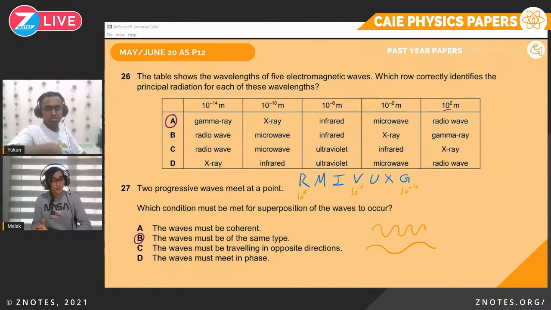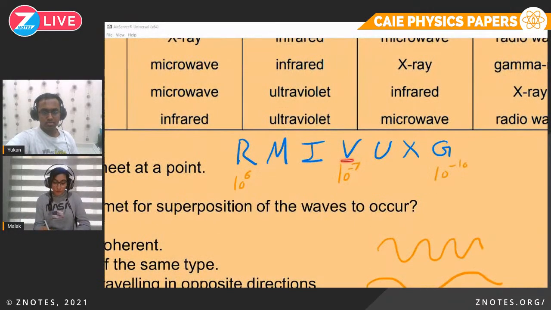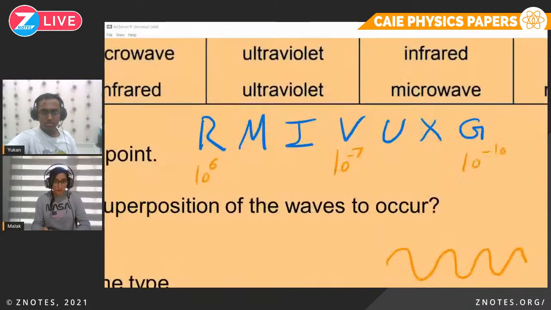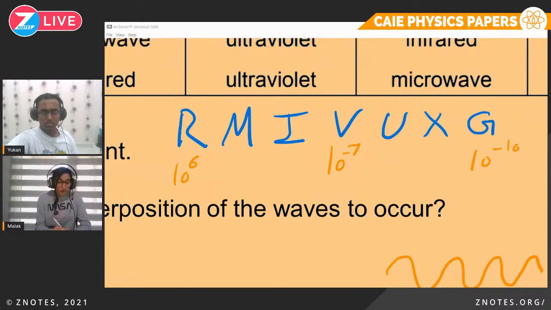You can find a sentence that uses the first letter of each of them to make it easier. And then I basically just memorize visible light, radio waves, and gamma rays. So visible light is always around 10 power -7. Radio waves are the biggest. They can get to 10 power 6. And gamma rays are the smallest. They get to 10 power -16.